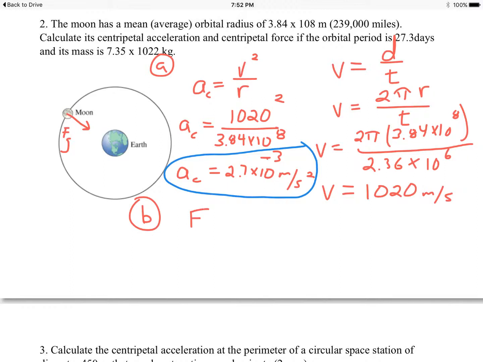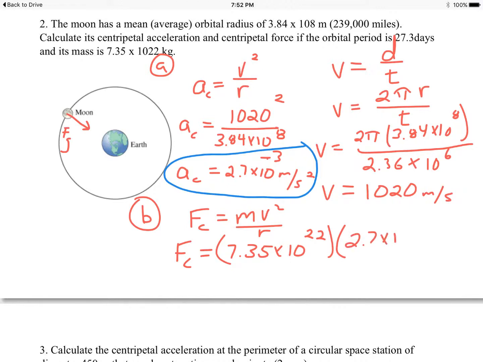The centripetal force is mv squared over r, the mass times the acceleration. I'm not going to recalculate the acceleration again. The centripetal force is going to be the mass of the moon, given as 7.35 times 10 to the 22nd kilograms, times our acceleration, 2.7 times 10 to the negative third.